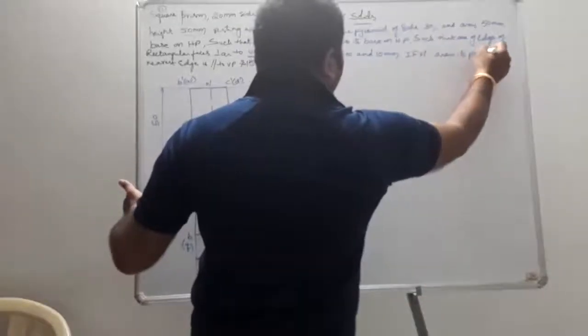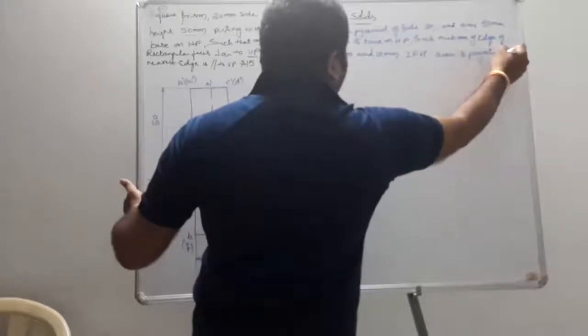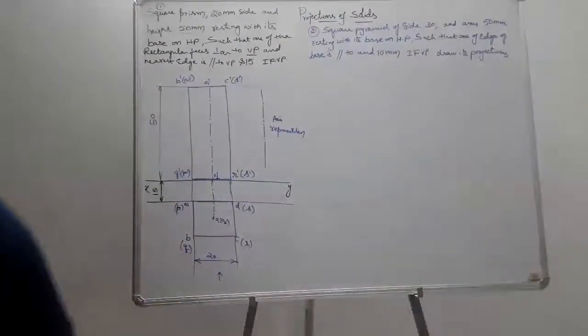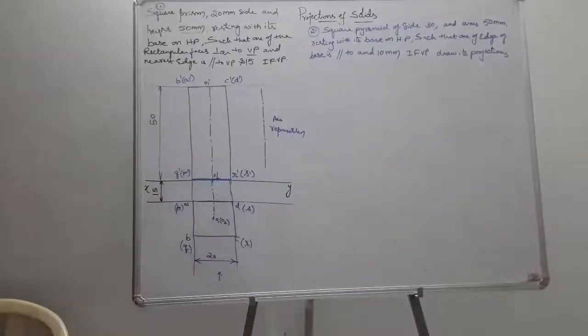Draw the projections. Okay, students, let us just follow. A square pyramid of side 30 and axis 50 mm, resting with its base on HP such that one of the edges of the base is parallel to and 10 mm in front of VP.